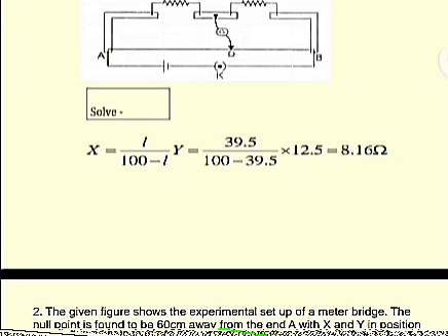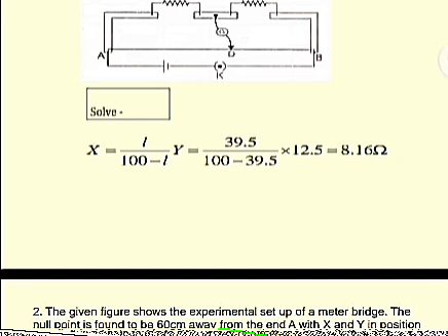Now again repeat this process for the 30 ohm resistance connected in parallel with Y and solve it. In this condition, our requirement is to find the value of the balancing length. So it's clear here, X is already calculated and Y is already calculated, and only one parameter is missing, that we want to calculate, that is balancing length.